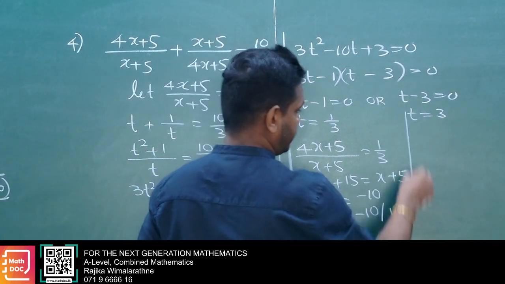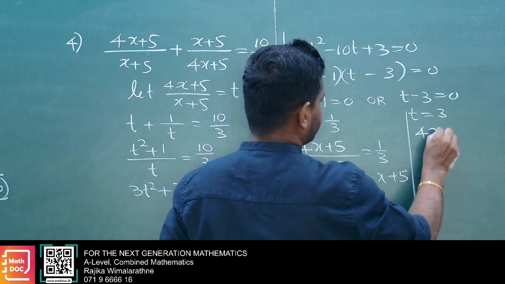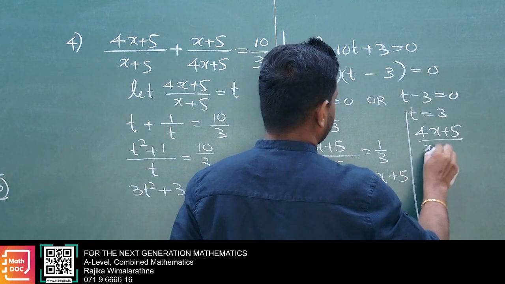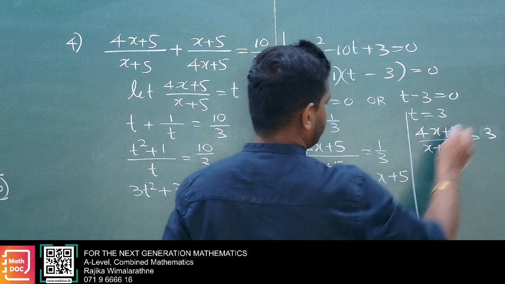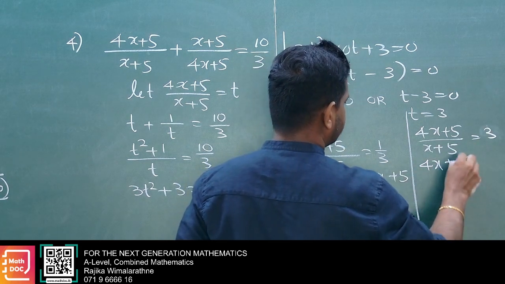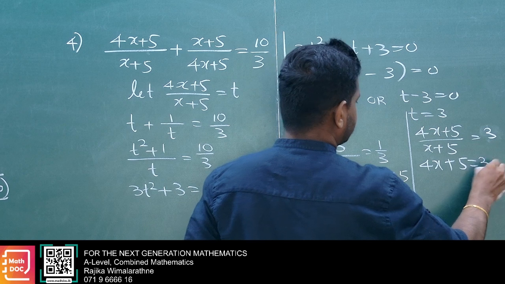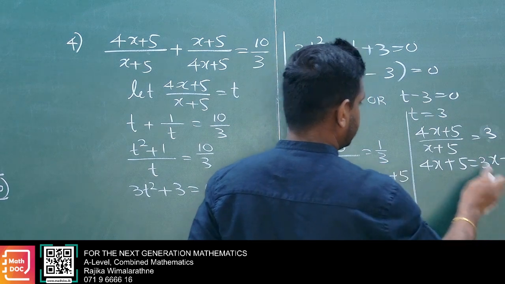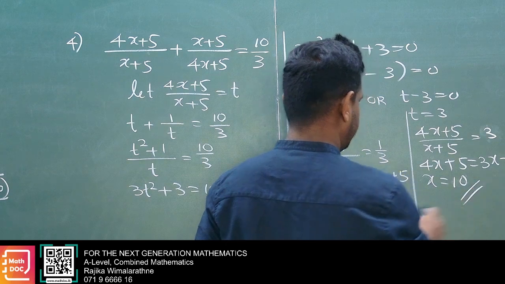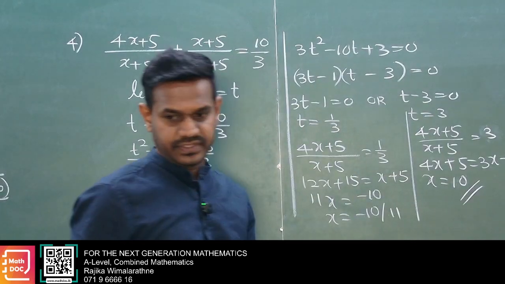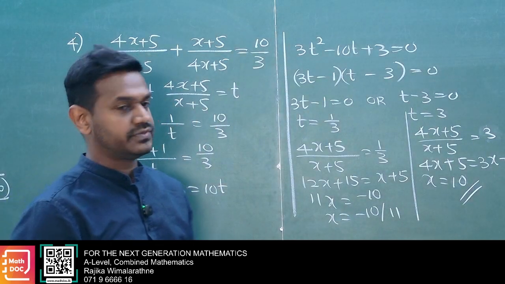Similarly, (4x + 5)/(x + 5) = 3, no? Multiply: 4x + 5 = 3x + 15, here x equals plus 10. Then we have two possible solutions.